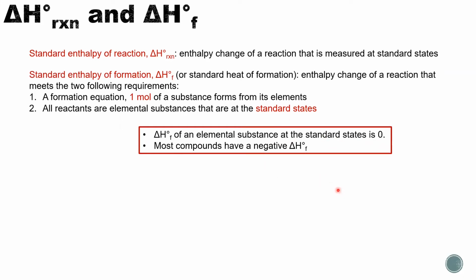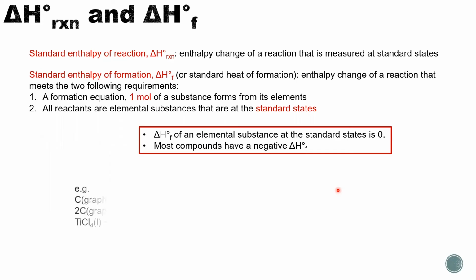When we have a negative standard heat of formation, does it mean this formation equation is endothermic or exothermic? When you have a negative delta H, that means the final minus the initial is negative. The final is smaller than the initial. So you need to absorb heat, and that's an endothermic reaction.